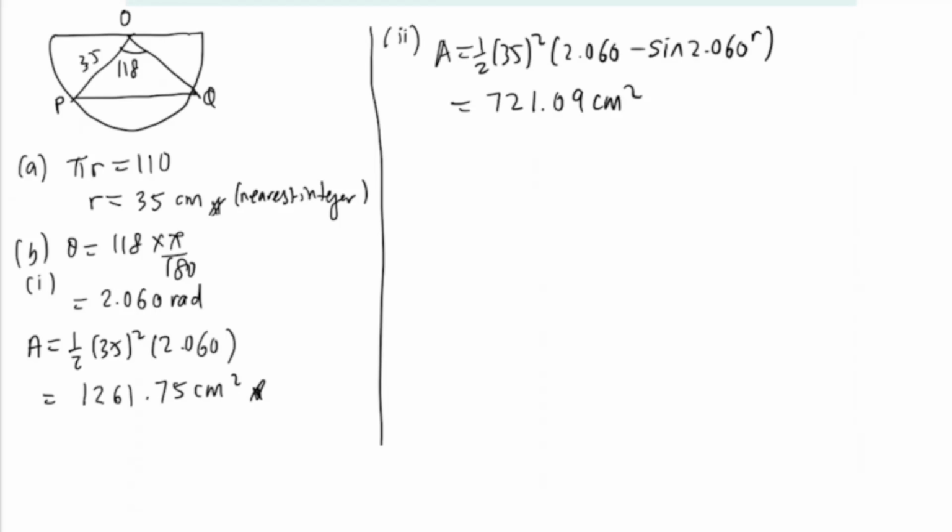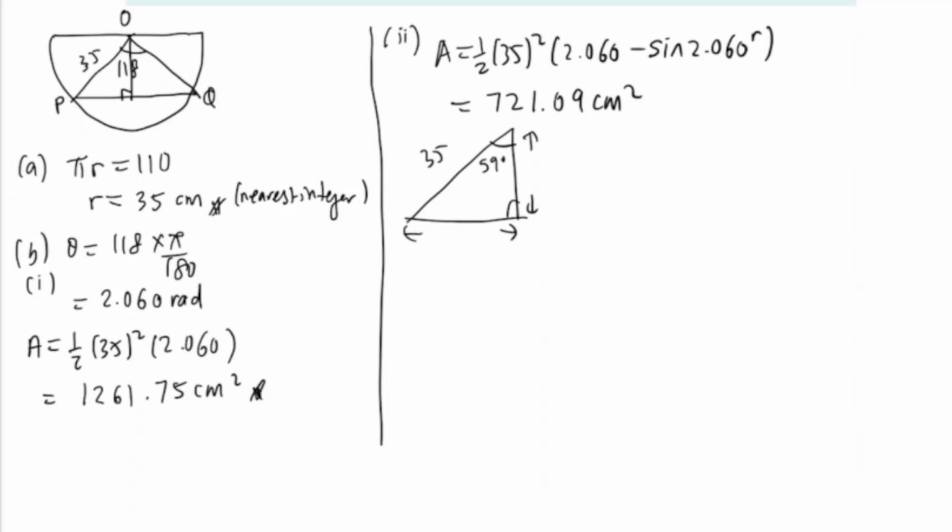If I were to split them in the middle, we split this in the middle to find the height. Let me redraw a triangle for you. This is 35, and this will be 59. I find the height. This is very long because you find both sides. You can use sine first or cosine first.